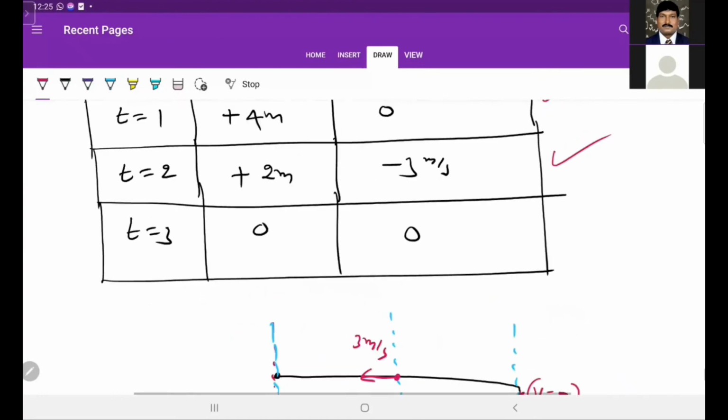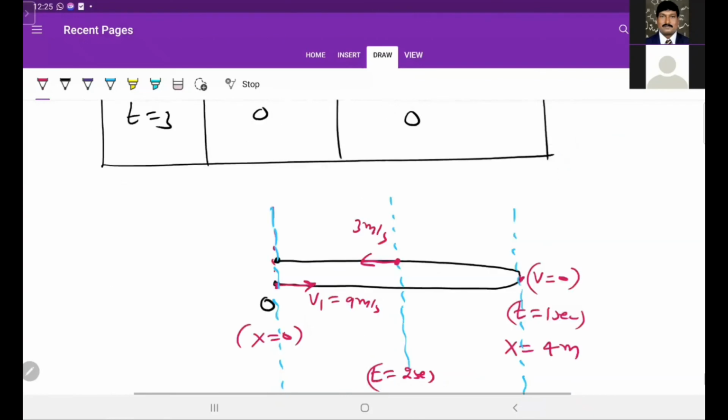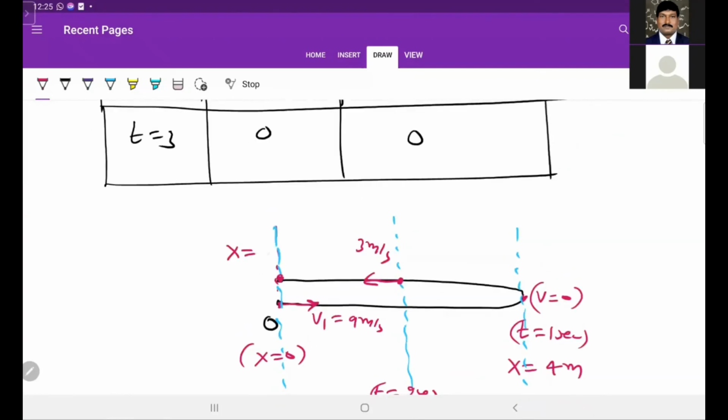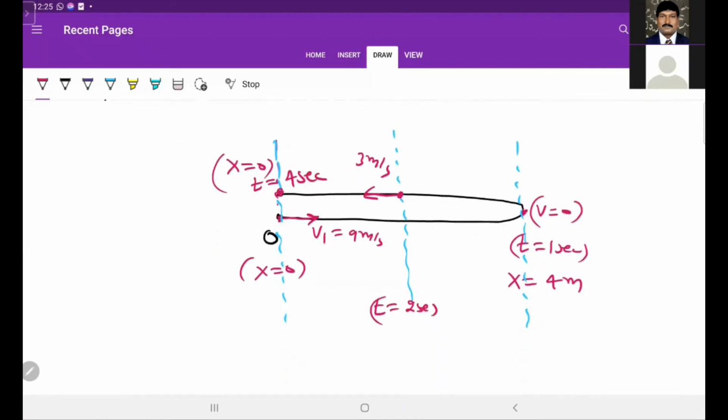Now the particle is at this position. Finally the particle is at this position x = 0 after time 4 seconds. So now the particle is returning back.